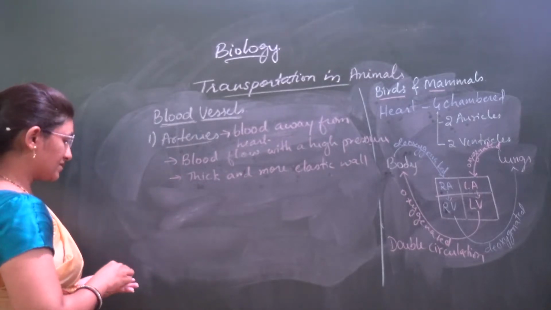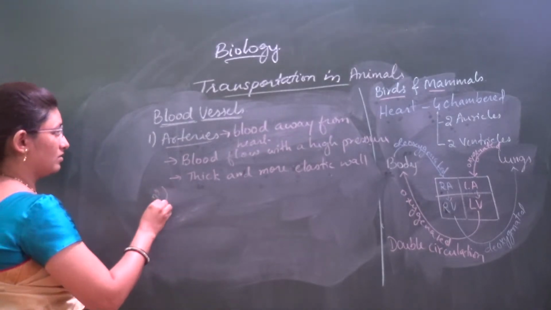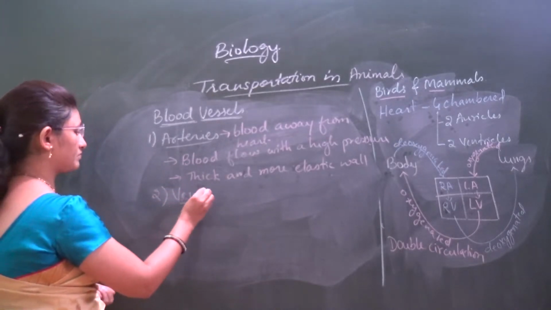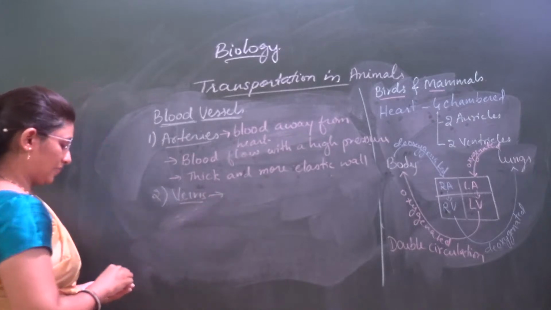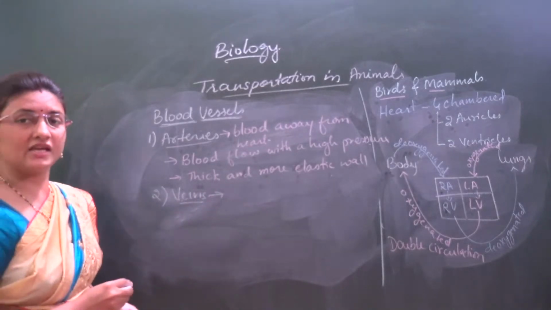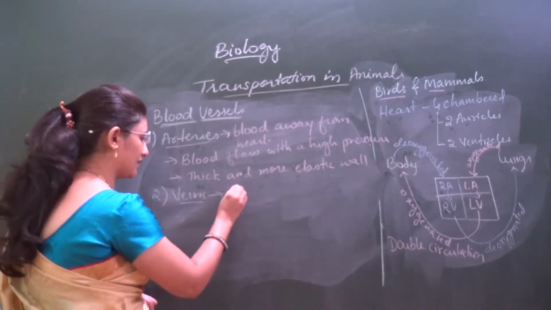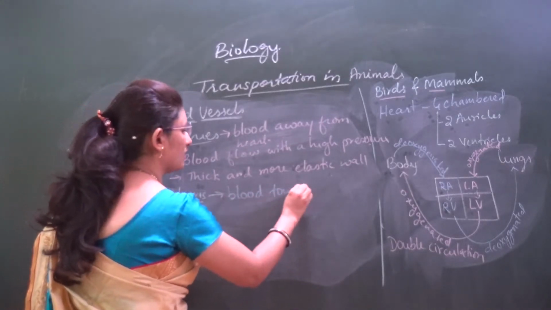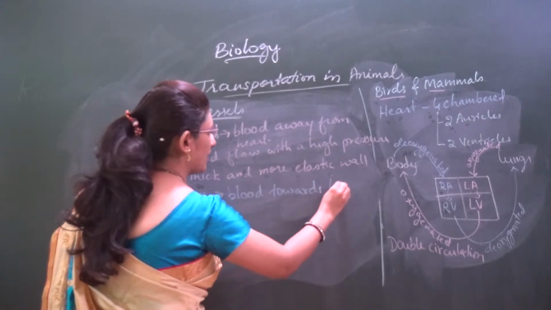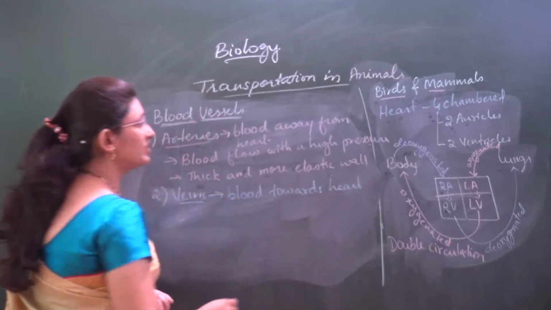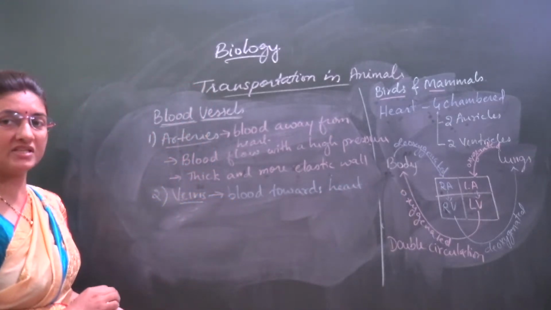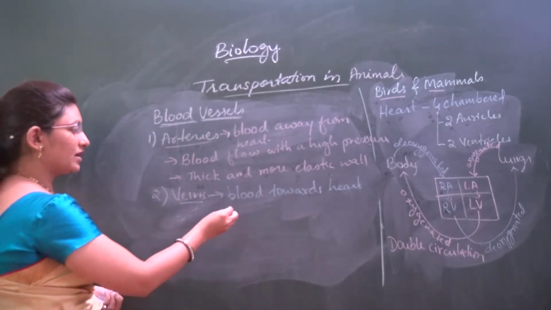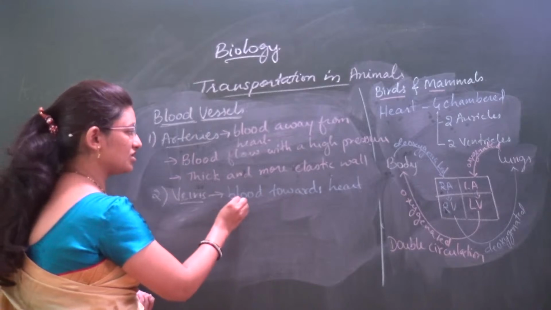Okay, the next blood vessel we come across is the veins. These veins take the blood towards the heart. When they are taking the blood towards the heart, they are carrying carbon dioxide, so they carry deoxygenated blood.